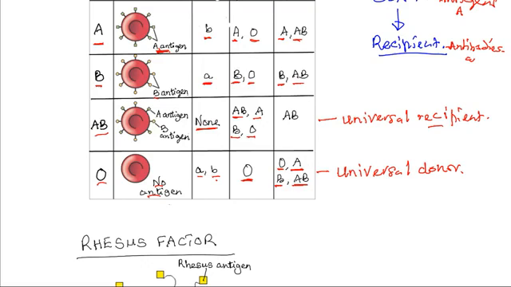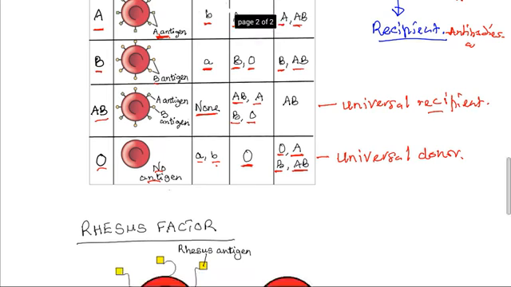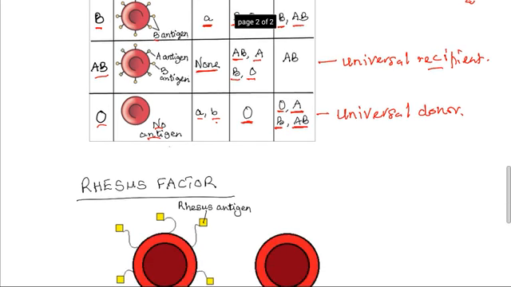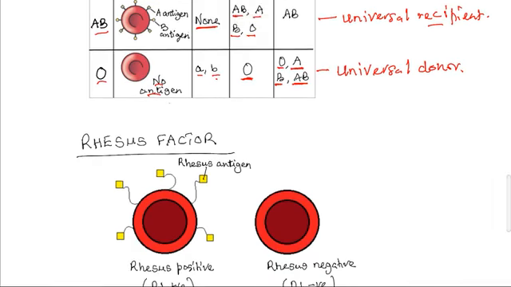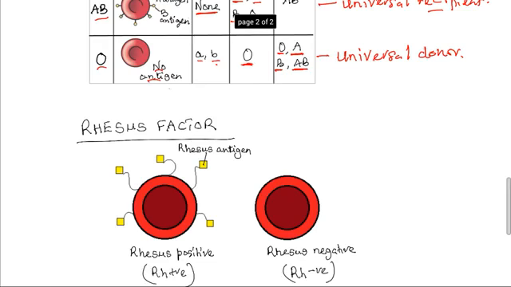Now, in addition to the ABO system, there is another grouping system based on another type of antigen, that is the Rhesus factor antigen. So the red blood cells may also have another antigen on their membrane known as the Rhesus antigen.